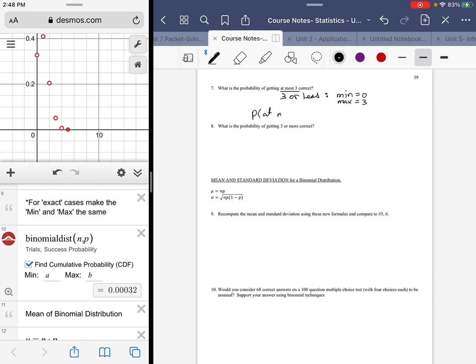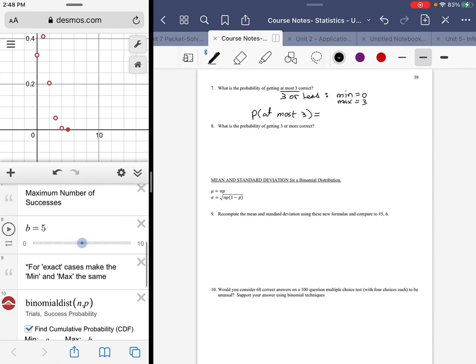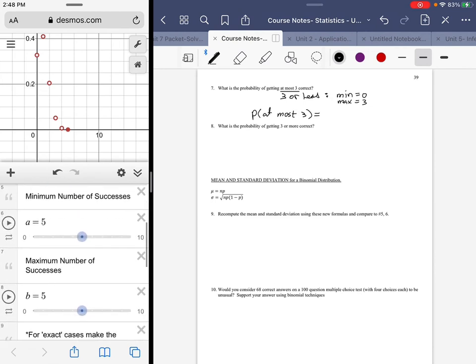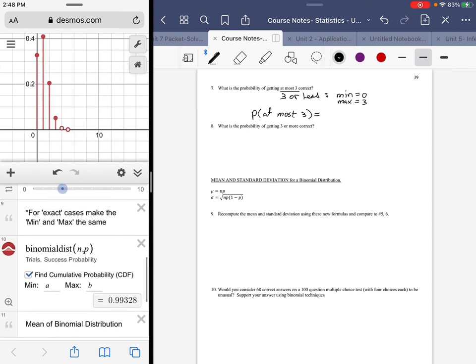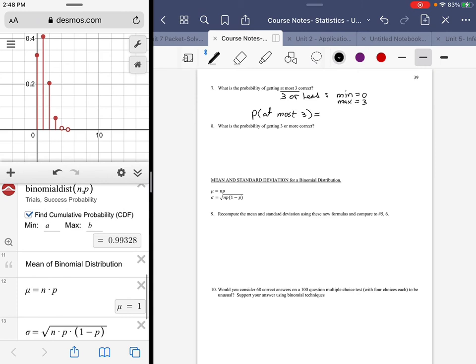So probability at most 3, I'll make this a 0, and I'll make this a 3. So we're talking about 0.993-ish.